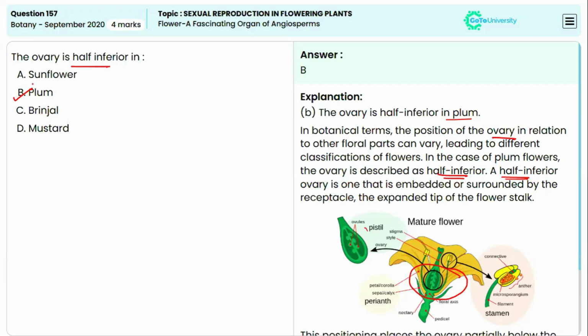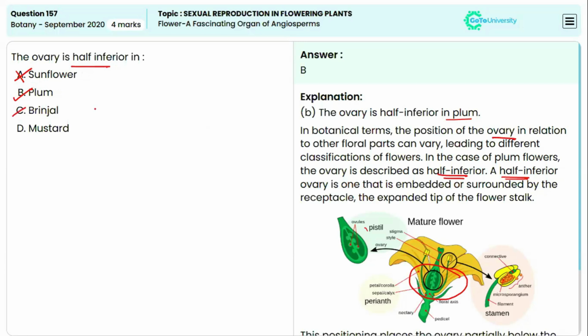Now moving to the other flowers given here, there is sunflower. The sunflower ovary is inferior. It is not half inferior. That means it is located below the other floral parts. So option A is incorrect. Option C, brinjal.